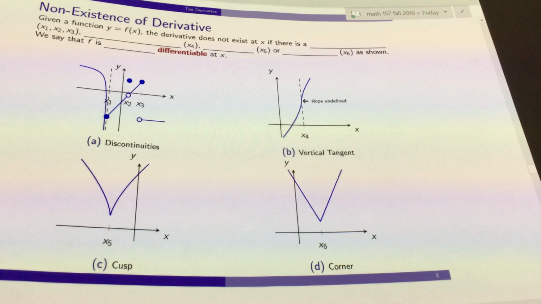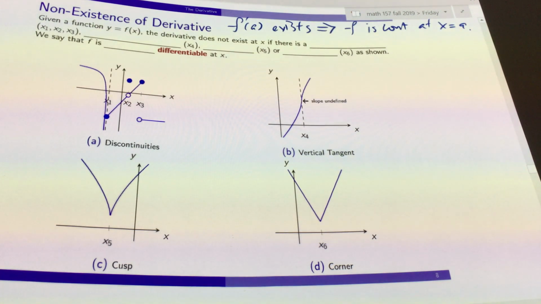Remember that if the derivative of F exists, that would imply F is continuous at the point. So the derivative, the tangent, is actually a stronger condition than continuity.